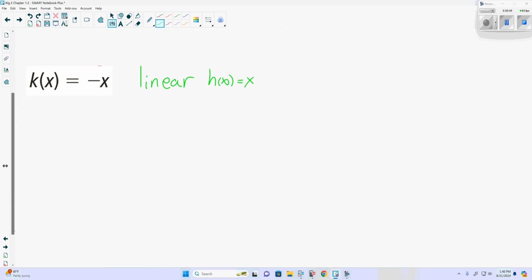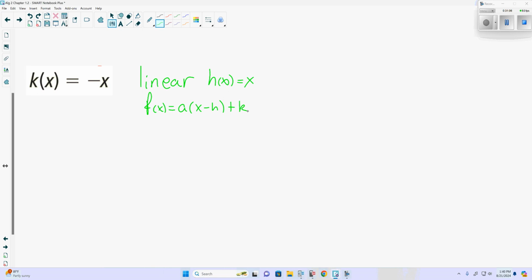Now the general form for linear: a times x minus h plus k. There is no h and k. There's no parentheses. Values inside parentheses are being added, so they're both 0. No movement left, right, no movement up or down.